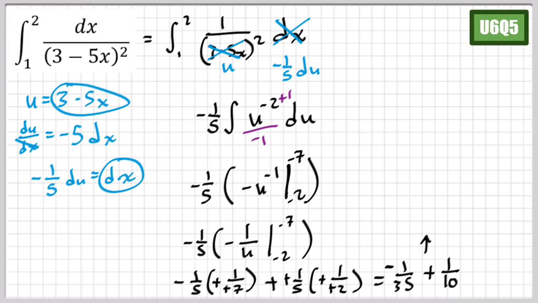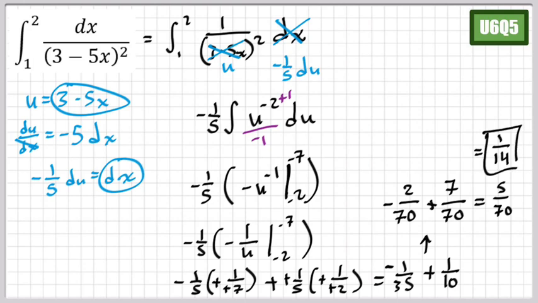We're going to go to 70. If 70 is my denominator for the first one, the top would be 2. If 70 was the denominator for the second one, the top would be 7. And then I add these together, I get 5 over 70. And that simplifies even more. 1 over, is it 14? Yeah, it's 14.